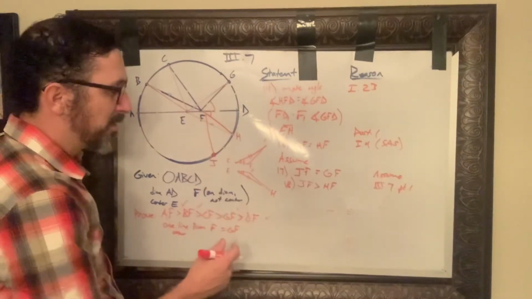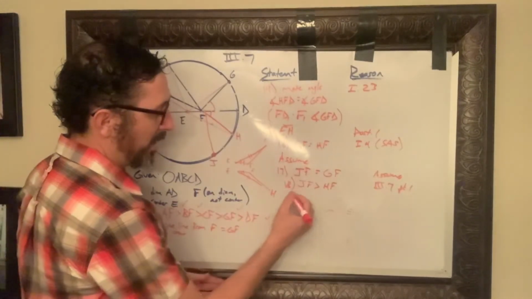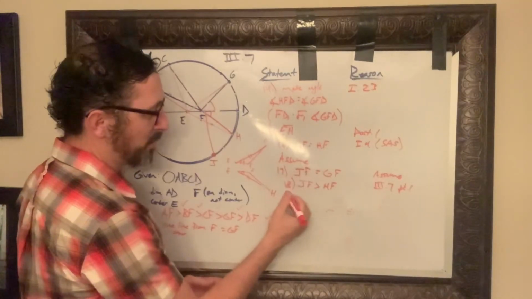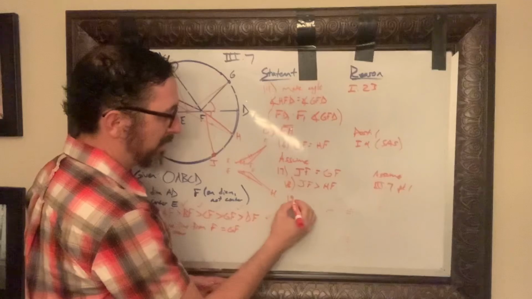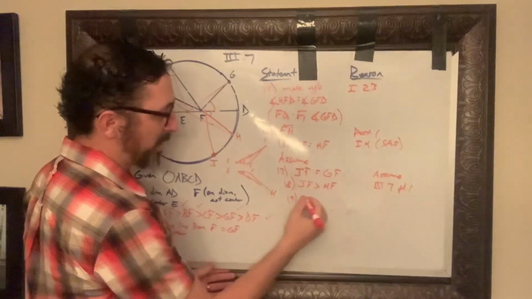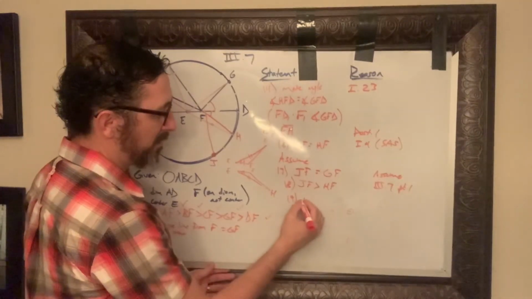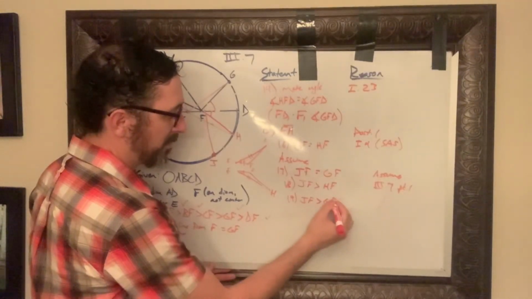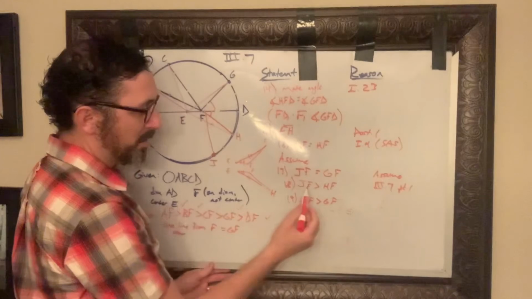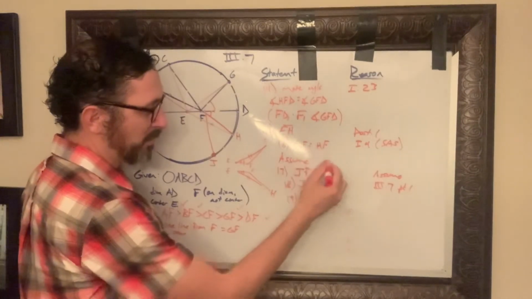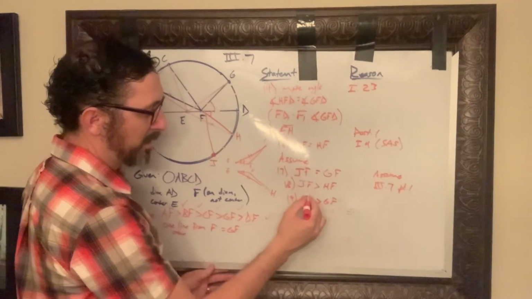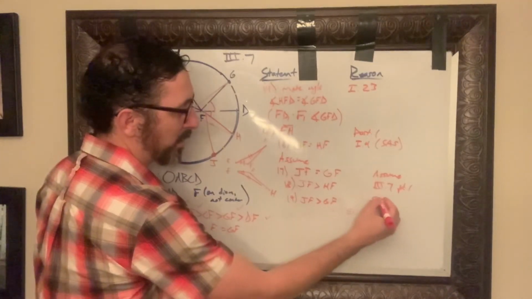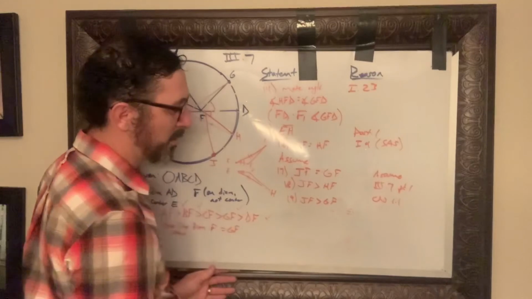So JF is bigger than HF. And since I know from earlier that HF and GF are equal, if JF is bigger than HF, then JF also has to be bigger than GF. That would be combination 1 with inequalities, so we call it 1.1.